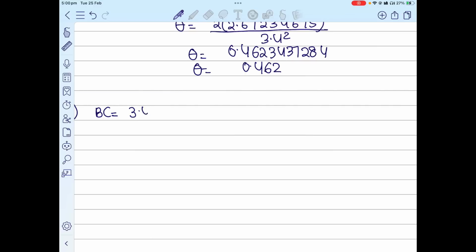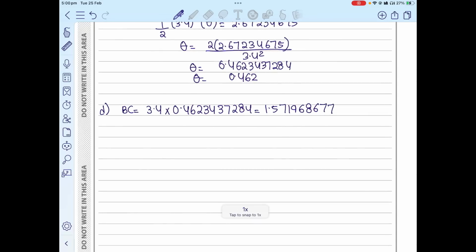R is 3.4 and the theta value is 0.4623437284. This is equivalent of 1.57196867. Okay, so this is how I found the length of BC.